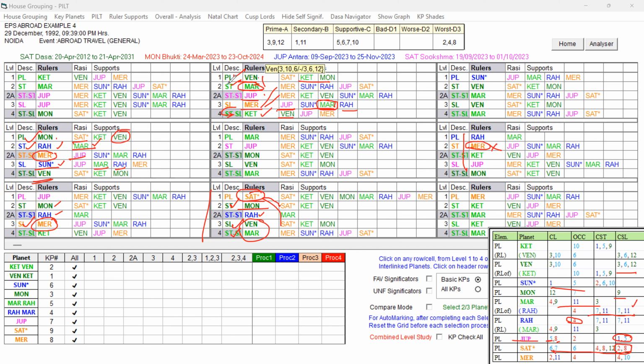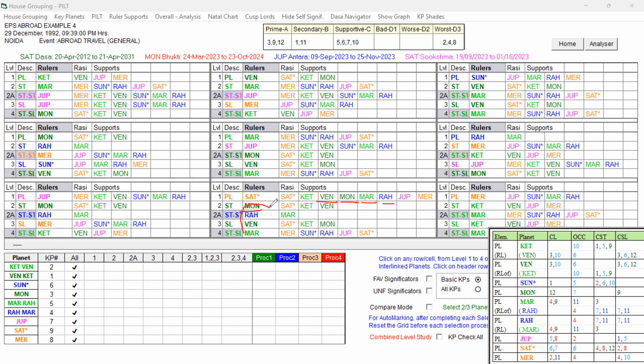So then let us check whether that source planet is getting support from the other planets, from the rulers. Saturn has got Moon, and Mars is also present, and Venus is also present. Rahu, all the rulers are there in support of Saturn. So that Saturn is getting support from the rulers, link planets, their favorable rulers.